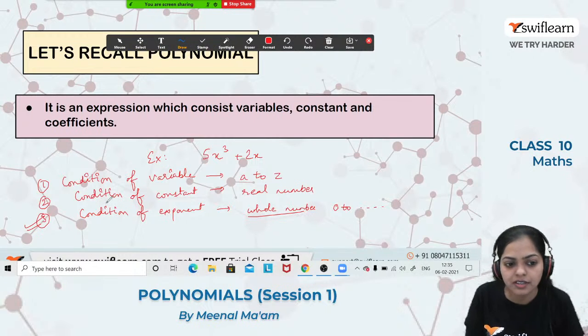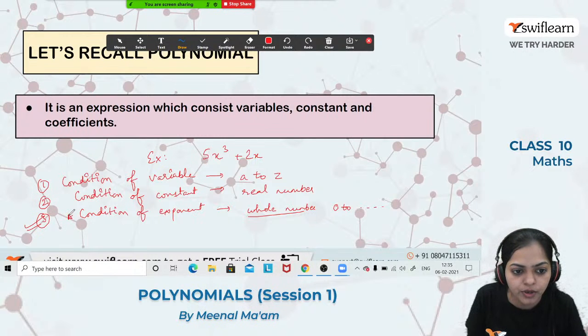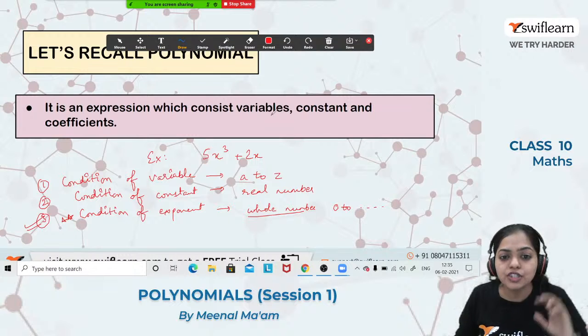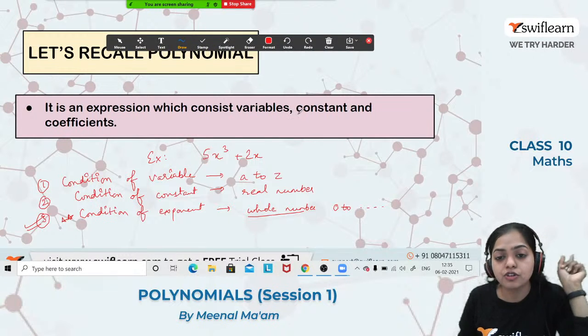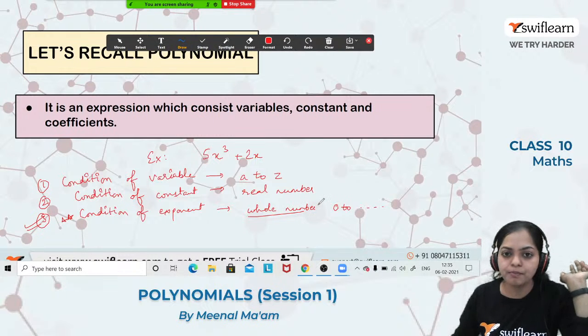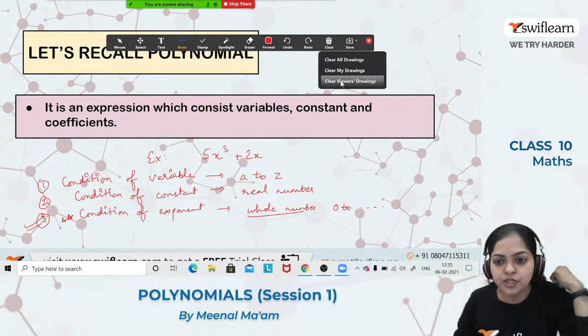So this is the condition for the exponent and you have to keep this in mind. Alright everyone? Okay, so this is all about polynomial. What is a polynomial? It is an expression which consists of variables, constant and coefficient, and you have to keep one thing in mind, that the condition of the exponent is that it consists of whole numbers.